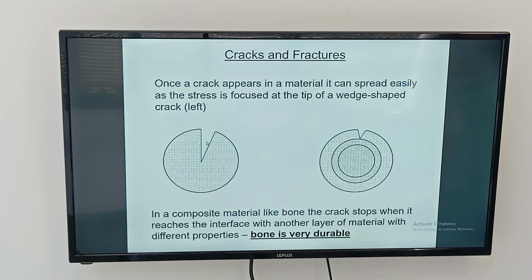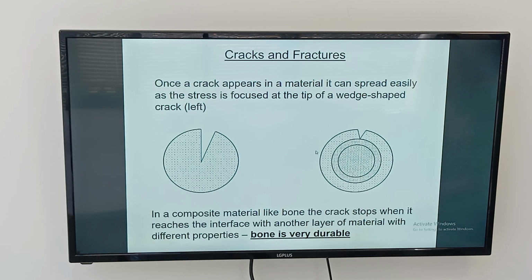As you can see in the left photo, the crack has moved quite a lot to the center of the material because it doesn't have any cushioning or any support to withstand the stress of the force applied.